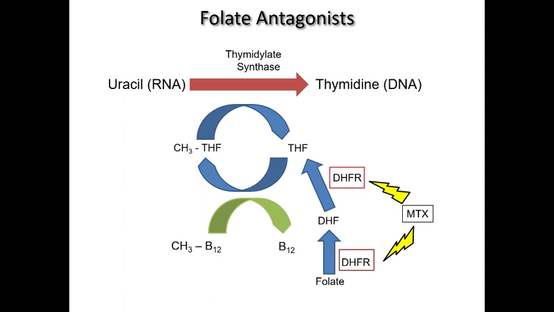And if we prevent DNA synthesis, then the cell that is in the S phase is arrested and undergoes apoptosis. And this is also why folate deficiency, or as you can see down here, B12 deficiency, can lead to anemias. The red blood cells can't produce like they normally do, and they're susceptible to a lack of these cofactors, and you develop a macrocytic anemia.